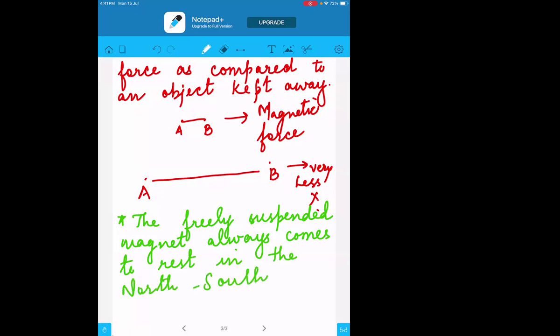So when we keep a magnet freely suspended, it automatically comes to rest in the north-south direction. So write this down, then we'll go ahead.